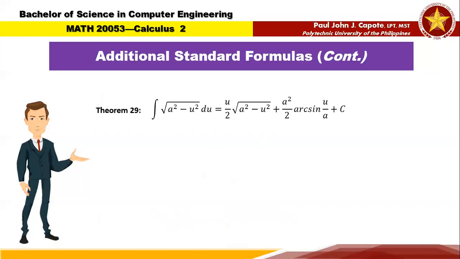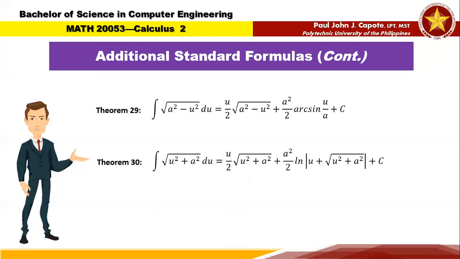We also have theorem 29 that states that the integral of the square root of a squared minus u squared du is equal to u over 2 times the square root of a squared minus u squared plus a squared over 2 times arcsine of u over a plus c. We also have theorem 30 that states that the integral of the square root of u squared plus a squared du is equal to u over 2 times the square root of u squared plus a squared plus a squared over 2 times the natural logarithm of the absolute value of u plus the square root of u squared plus a squared plus c.